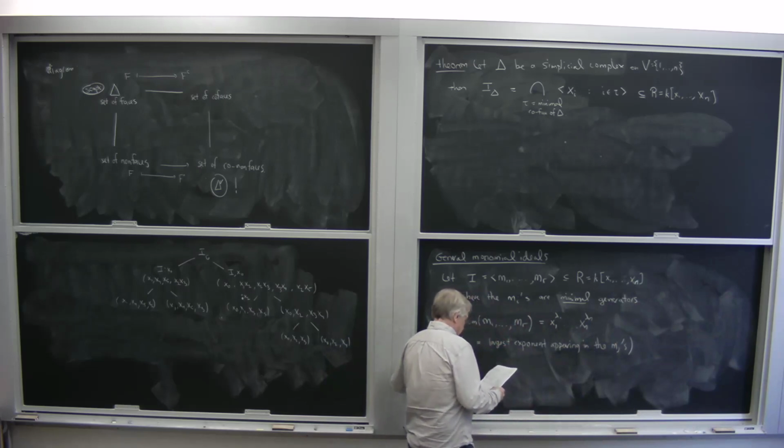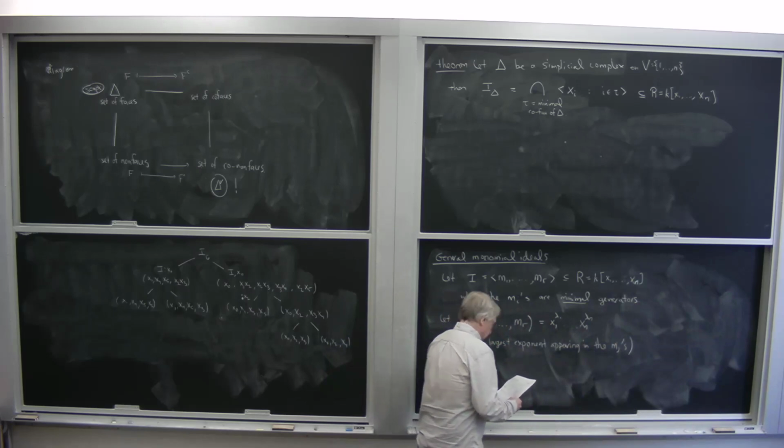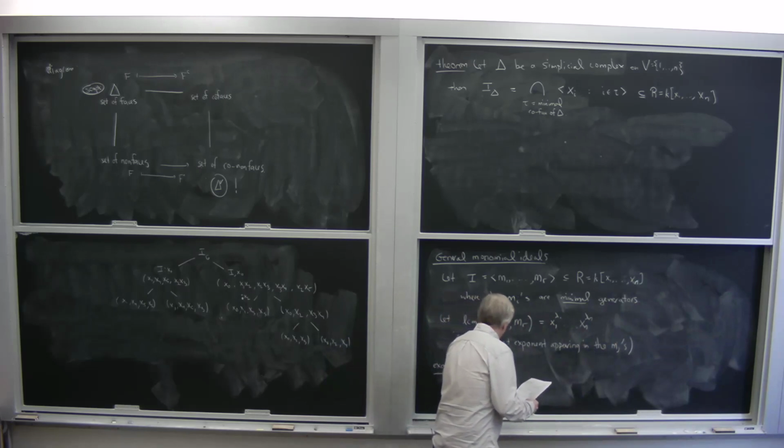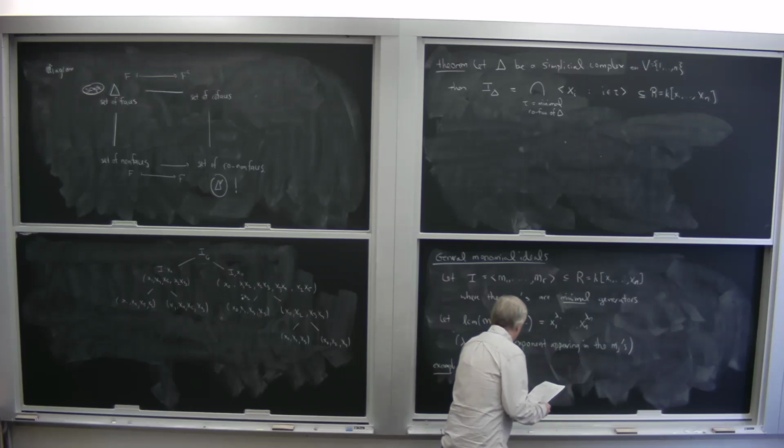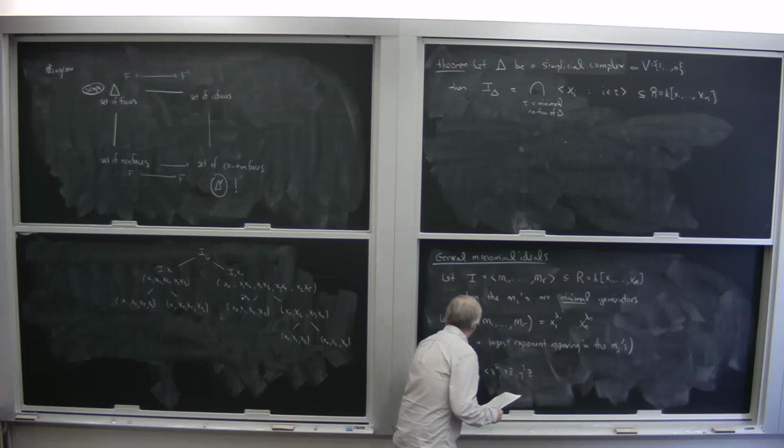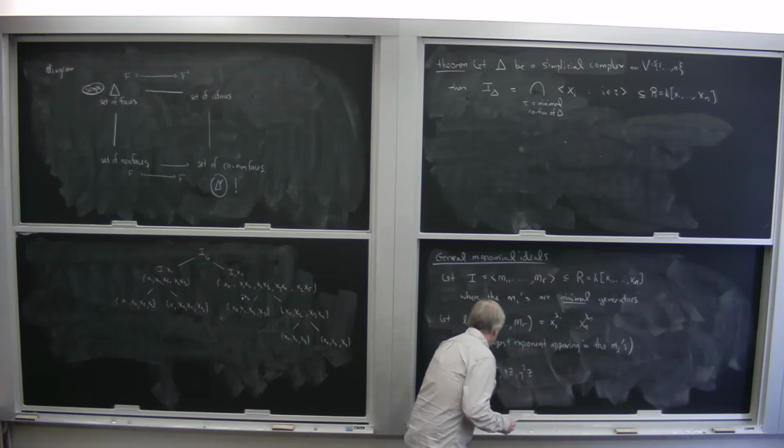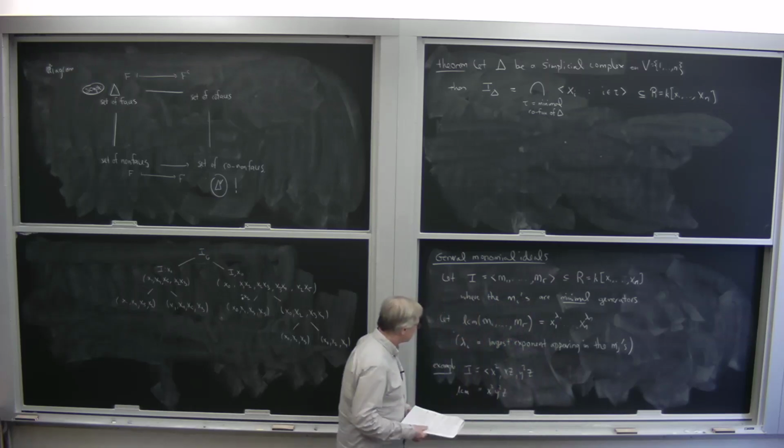Let's take, as a running example, a very simple one. Let I be equal to (x squared, xz, y squared z). Then the LCM of this is equal to x squared, y squared, and z.